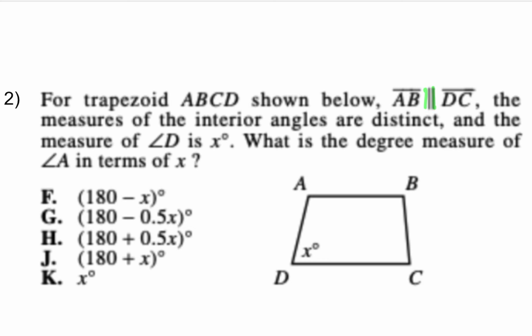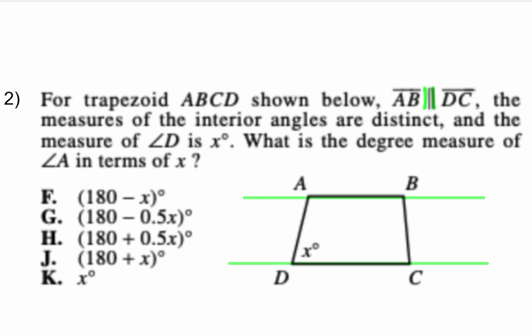This symbol here means parallel. So this means that we are going to apply the angle pairs of parallel lines, and at the same time, we are going to apply the properties of a trapezoid.